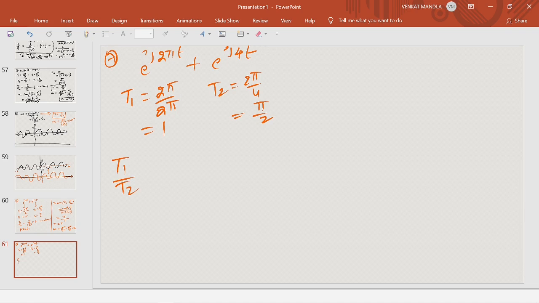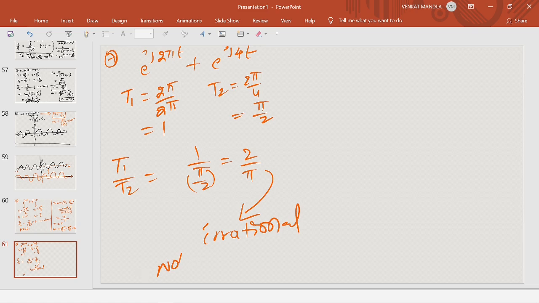What is T1 by T2? 1 by pi by 2, that is 2 by pi. Here pi is there, so it is irrational, so not periodic. If it is not periodic, there is no common period. But individually they are periodic. But the addition of two periodic signals need not be periodic.